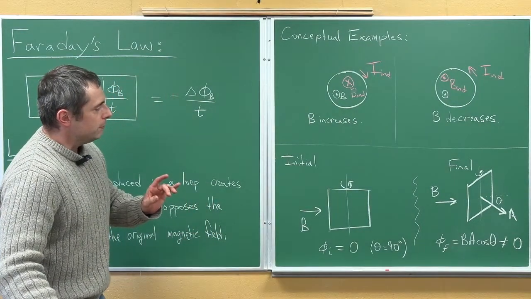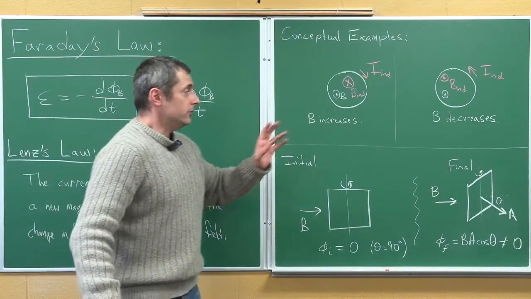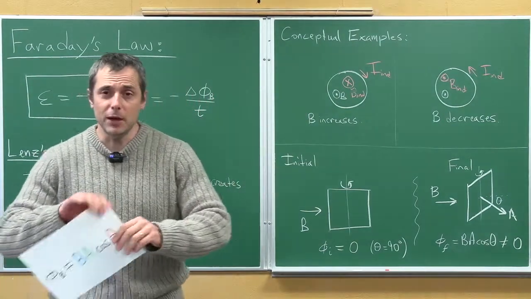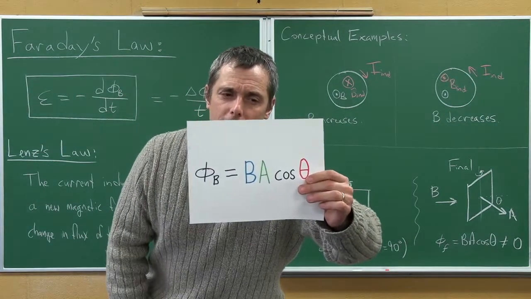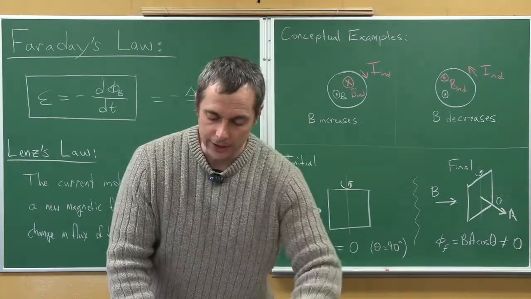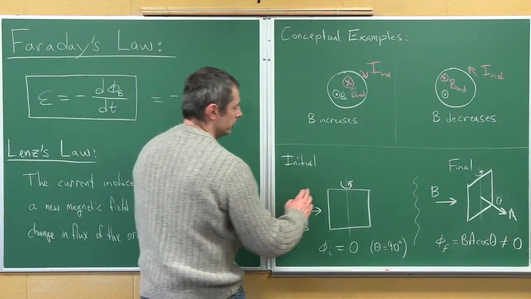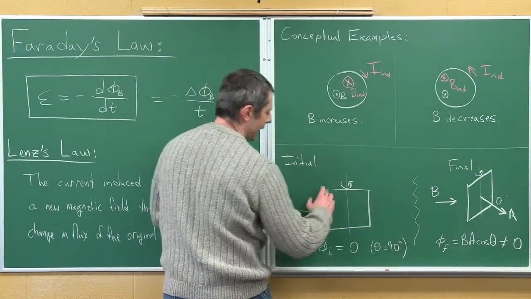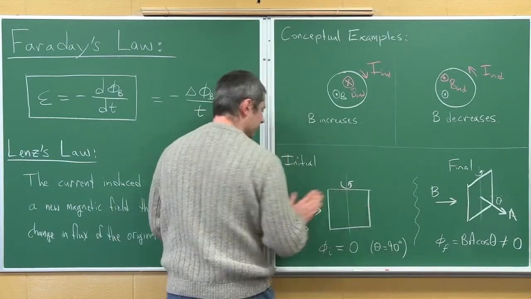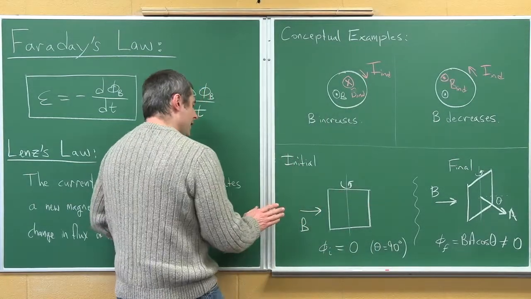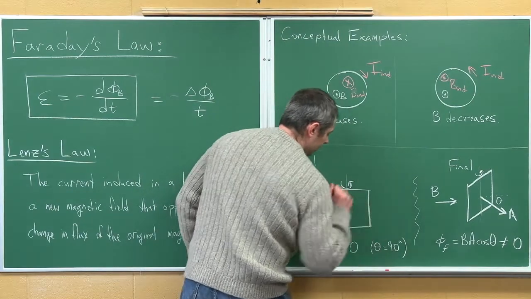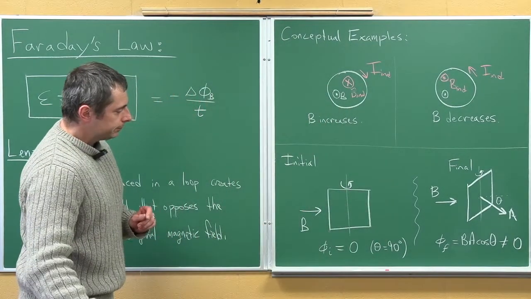Last conceptual example. This was changing the magnetic field in my flux expression. What I'm going to do now is change the angle and induce a voltage. So what I have here is a square or rectangle, doesn't matter. I've got a loop that's like this in the plane of the chalkboard, and a magnetic field that's running along the surface of the chalkboard.